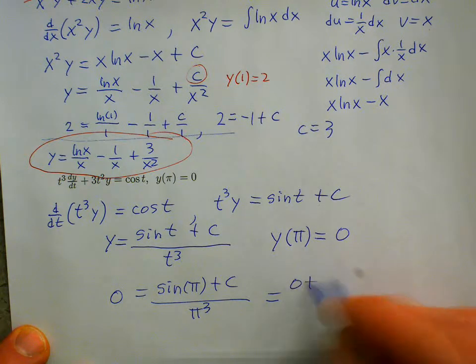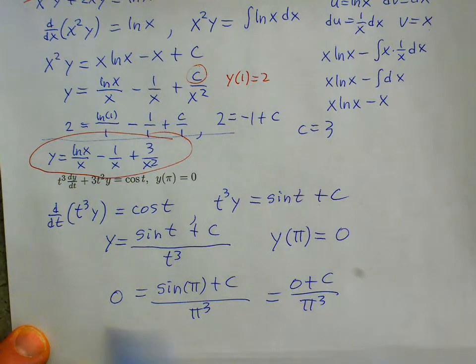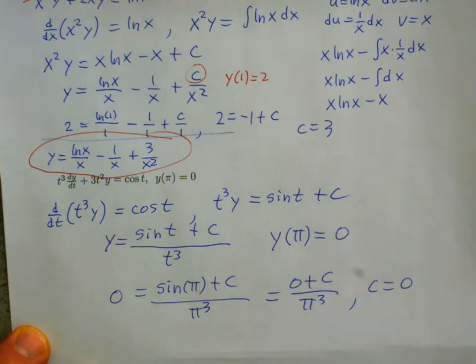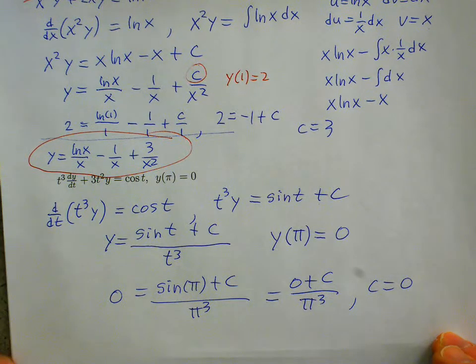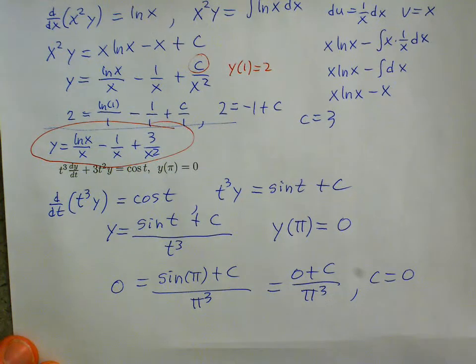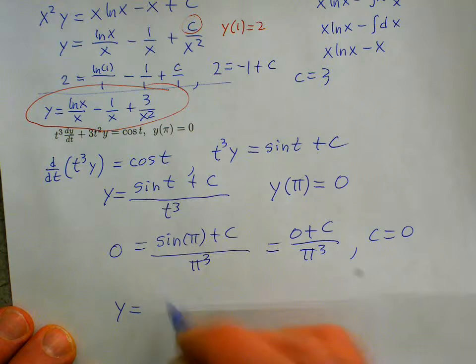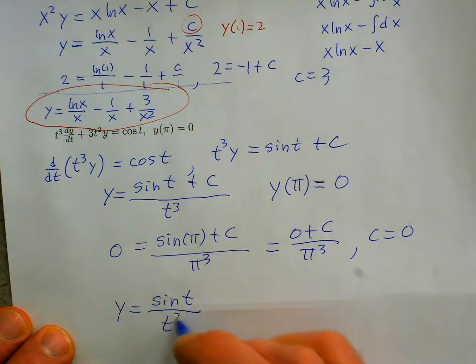So 0 plus c divided by pi to the third. So that must mean that c is also 0, right? Okay, so since c is 0, then our solution is just y equals sine of t divided by t to the third.